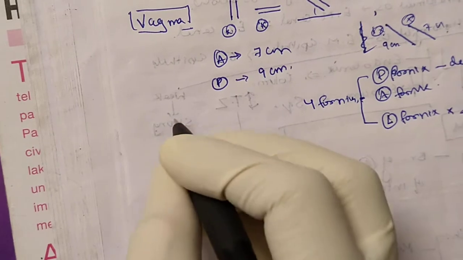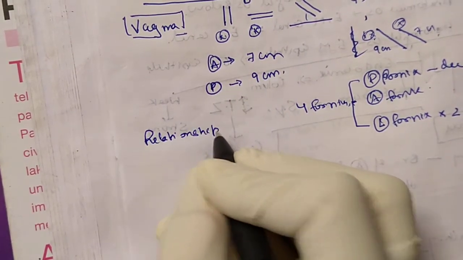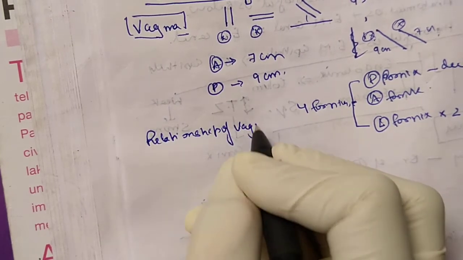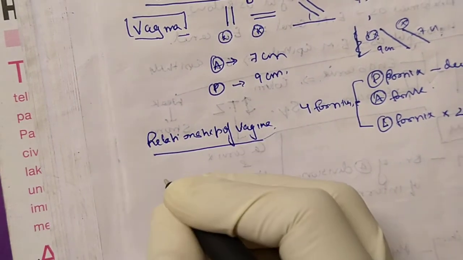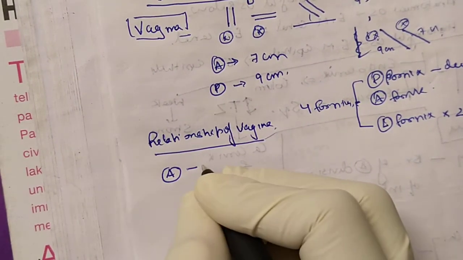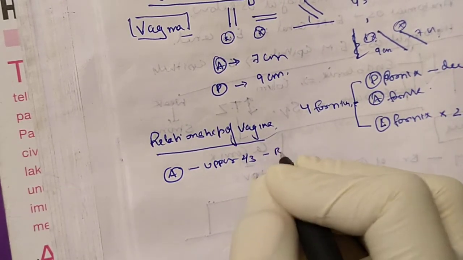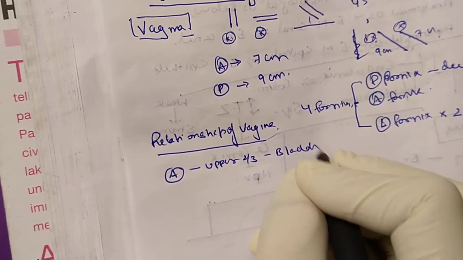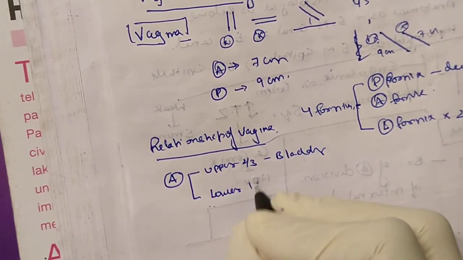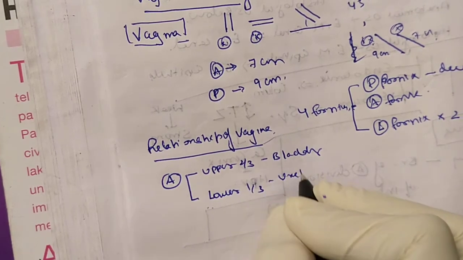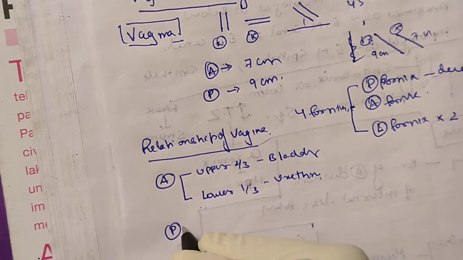Now we'll talk about the relations of the vagina. Anteriorly, the upper 2/3 has the bladder. Then the lower 1/3 has the urethra. Then the posterior relations of the vagina.